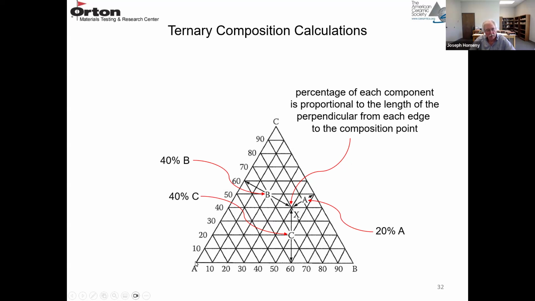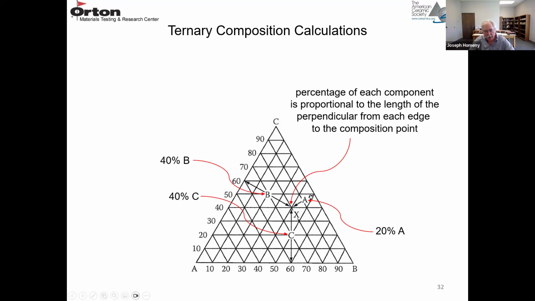C goes from 0% to 100% C, and then B goes from 0 to 100% B. So if we have a composition X, the percentage of each component is proportional to the length of the perpendicular from each edge to that point X. So we just draw a perpendicular from X to one of these three axes.